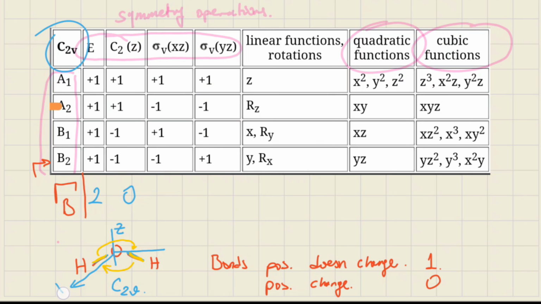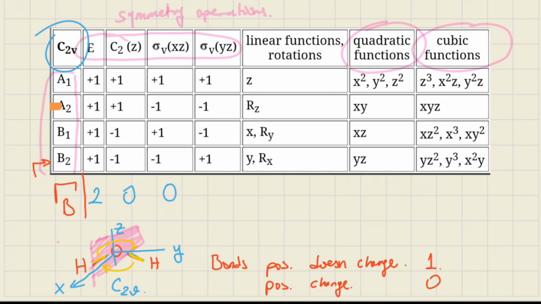So this is, for instance, x, and this is the y. If we apply the xz plane, I am assuming that there is a plane here. If I take the mirror images, the same thing will happen, and the bond positions will change. So the answer is 0.